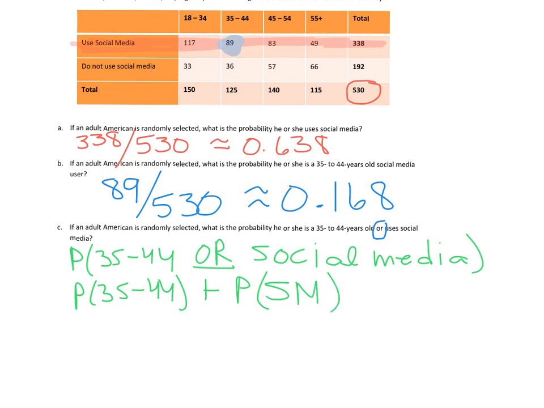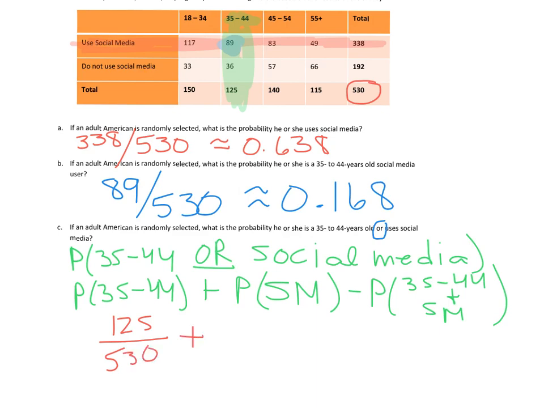Is there an overlap? Yes, that was what part B was. Part B was 35 to 44 years old and social media user. All right, so we have all of these components right now. So let's see, the probability they were 35 to 44 years old, that's this column. So we have to look at that column total, 125 out of the total, 530.